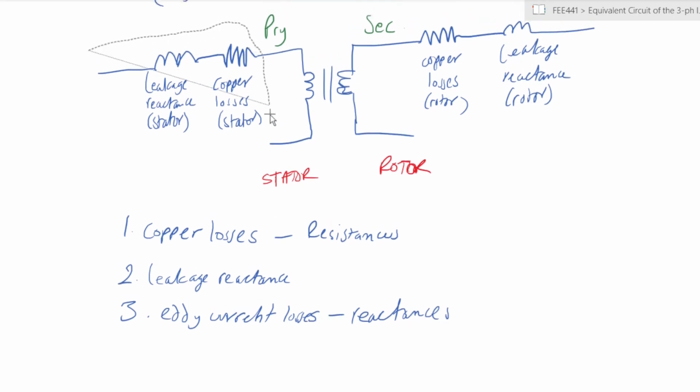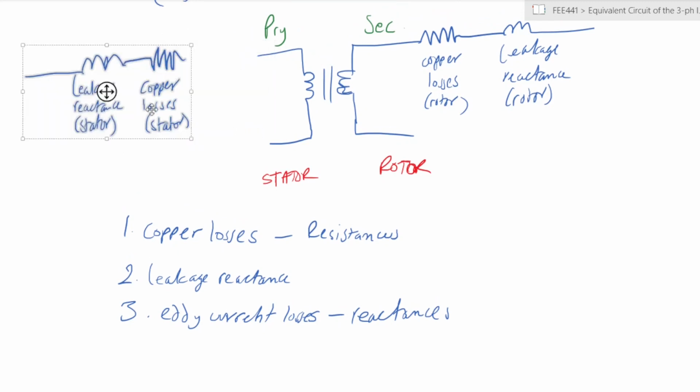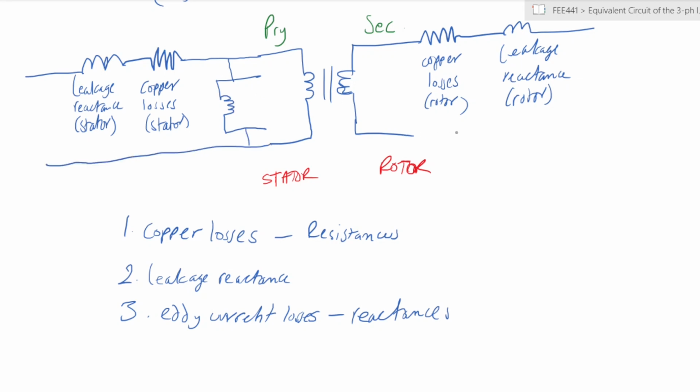So let me shift this. Generally, the convention is to represent them at this point. So you would generally represent them as that. You have that. Okay. Eddy current losses, which are represented there.